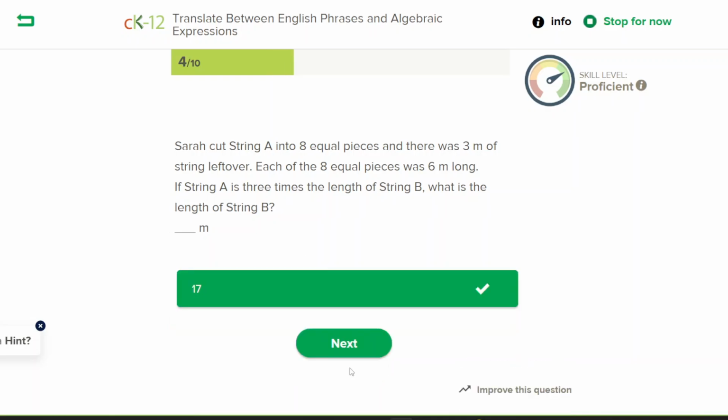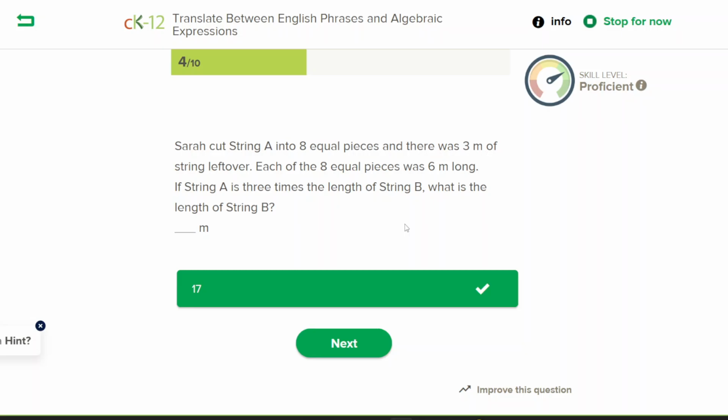Let's check that out. Wonderful. And then I'm going to do just one more problem. But hopefully you've noticed what's happened here in all these examples. When you're translating between English phrases and algebra, if there are quantities mentioned, the length of string A, the length of string B, or just a number, like in the first two examples, usually you're going to replace those words with a letter.